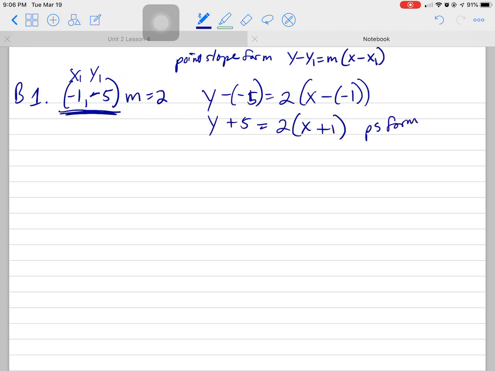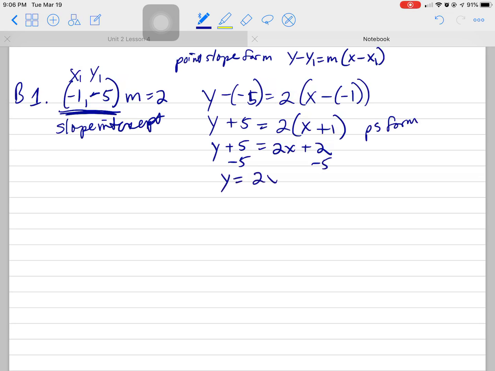Okay, but they asked for it in slope-intercept form. Sorry, so we need to go ahead and distribute. I need to slow down writing. Hang on. Y plus 5 equals 2x plus 2. Move the 5 over.